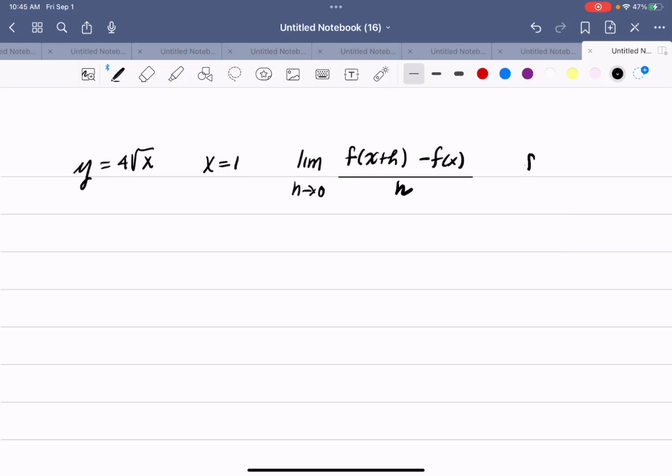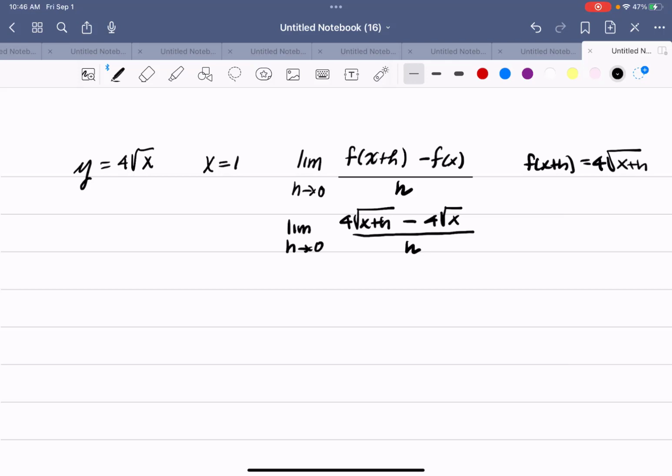So f of x plus h is going to be 4 square root of x plus h. So that's the limit as h goes to 0 of 4 square root of x plus h minus the original 4 square root of x, divided by h. And in this case, we're going to have to do something called rationalizing the numerator.